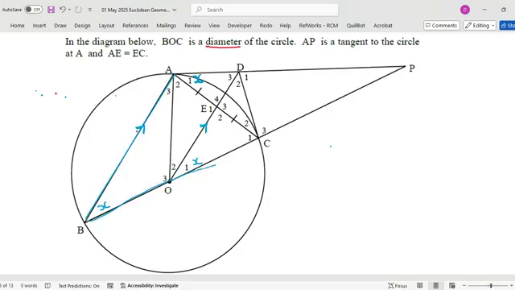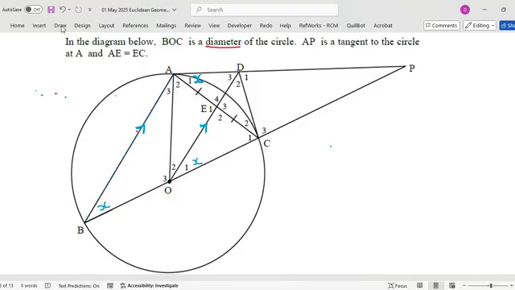So that's why I agree that that angle is x.